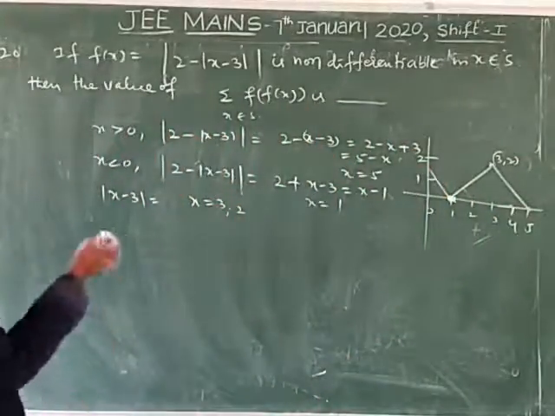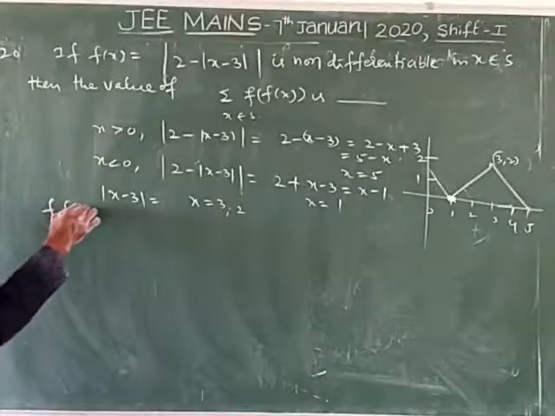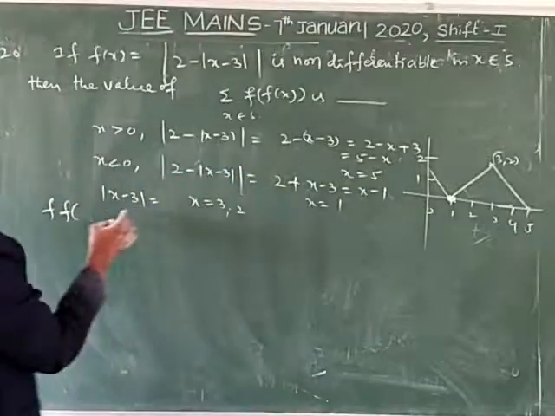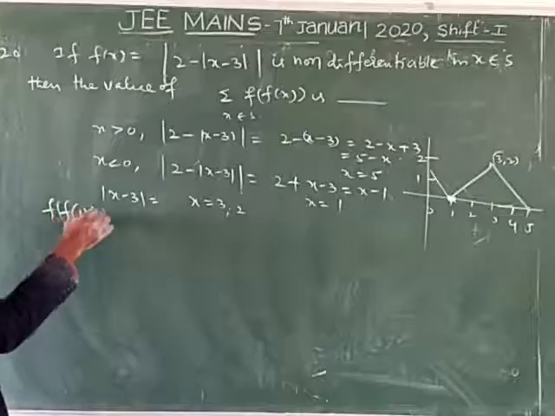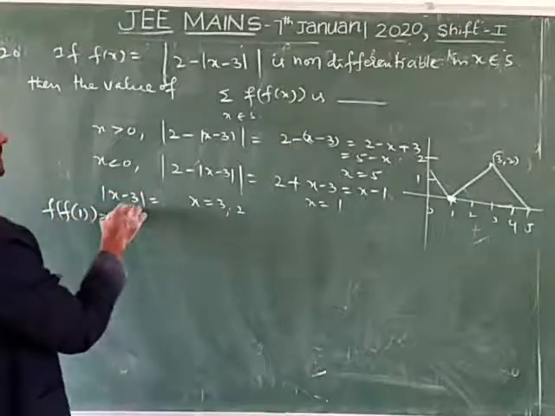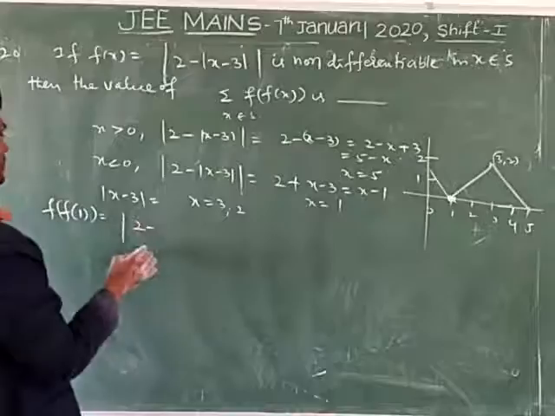Now you have to find f of 1. First you have to take 1 or 5, anyone. Actually here modulus of 2 minus f of x.